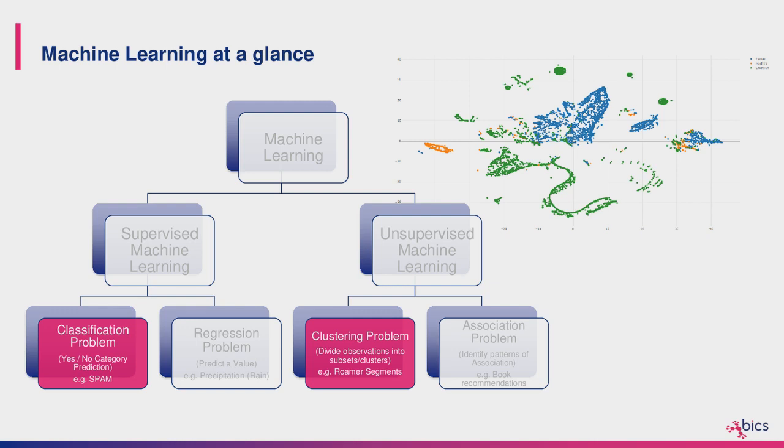Now, there are two ways to get a machine learning model or a system that is using machine learning to do this. You have a supervised method and you have an unsupervised method. In the supervised method, you're essentially providing your machine learning model or your computer system with things called features and labels.